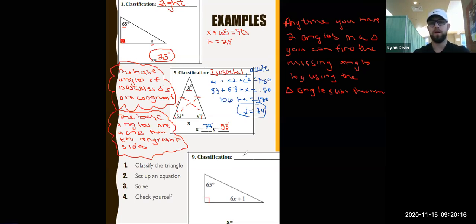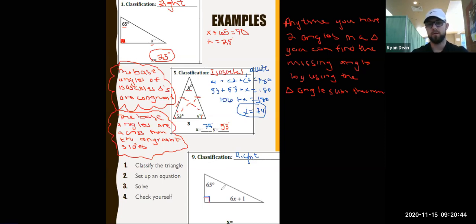Number 9 down here is very similar to what we did in number 5, in terms of solving for the missing angle. Number 1, we need to come up with the formula. We know that we have a right triangle because of the 90-degree angle.